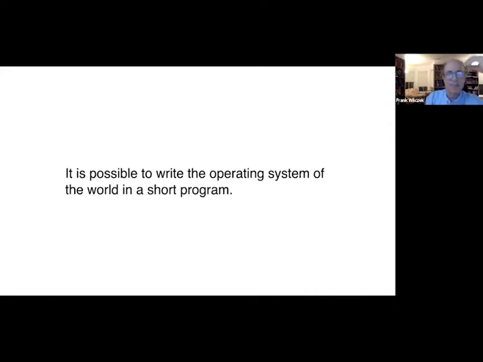The operating system would be very much slower than the physical world, but in principle, the operating system of the world can be written as a short computer program that contains all the laws, and the only question is solving them. It would be a much shorter program, for instance, than the operating system of any modern personal computer, and much, much shorter than the program that operates Word, for instance.